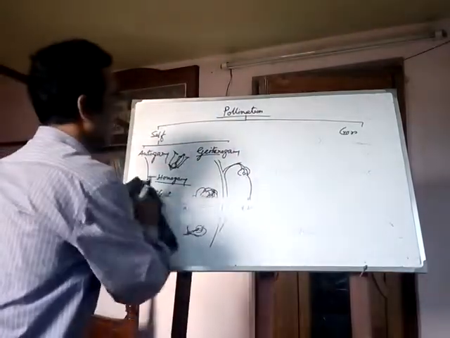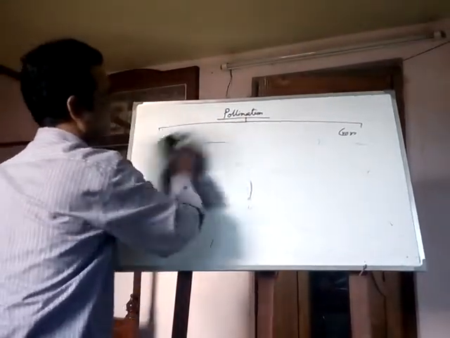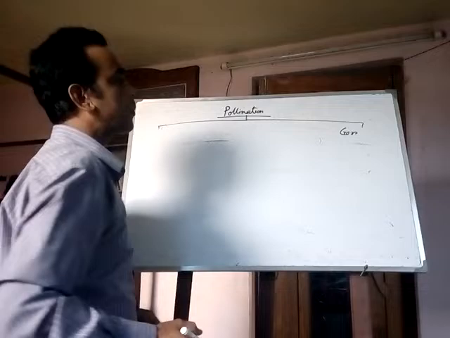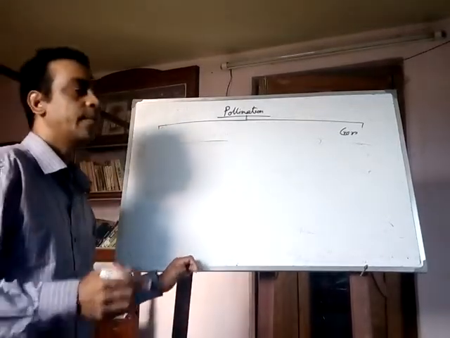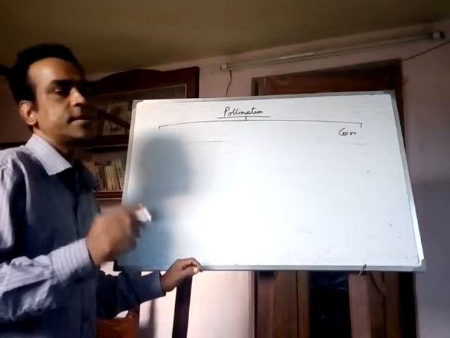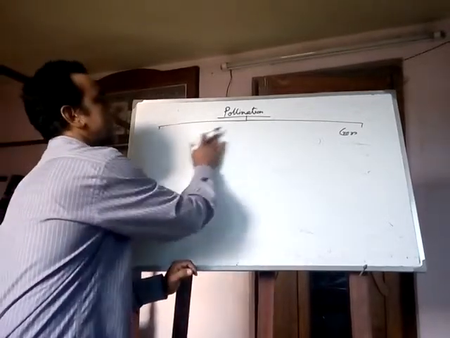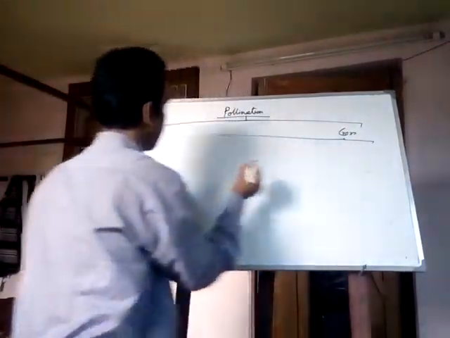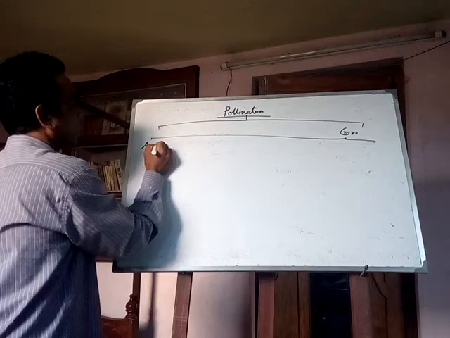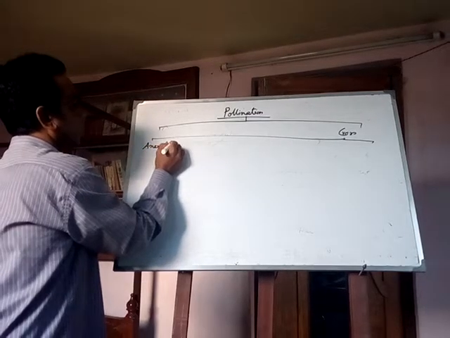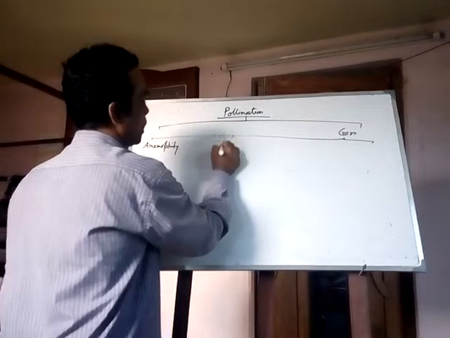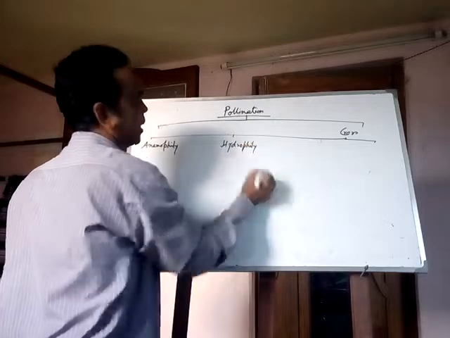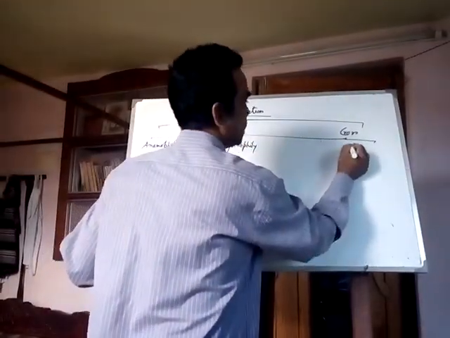and the cross-pollination I repeat here. This is the pollination process where an agent is necessary. According to the function of agents, cross-pollination is of three types: one, anemophily; two, hydrophily; and three, zoophily.